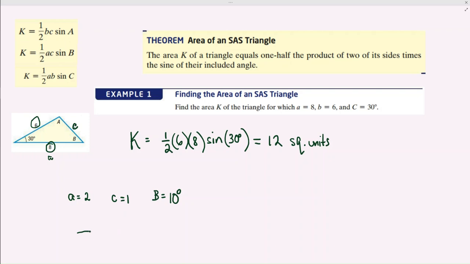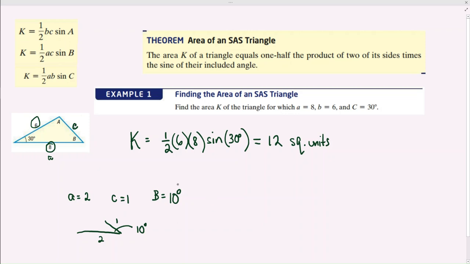Okay, so if I draw it the same way, I've got A is 2, C is 1, and they have to have given me an angle that goes here, and that angle turns out to be the other side length's opposite angle.